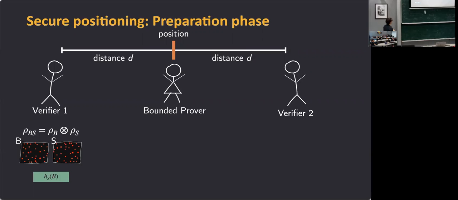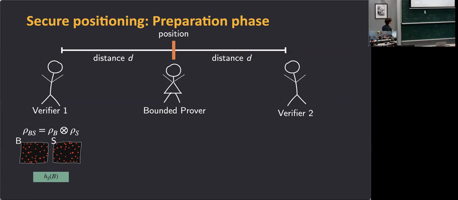So we have two verifiers, and the first verifier will draw from his lab two very large states, completely random, B and S. Then he will use S as a seed to select a hash function from the two-universal family.